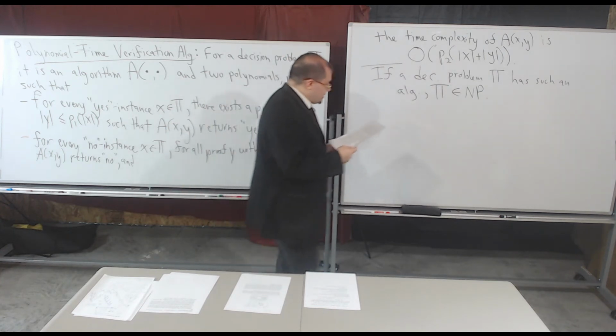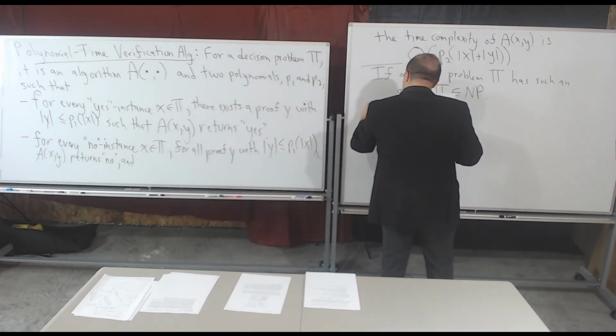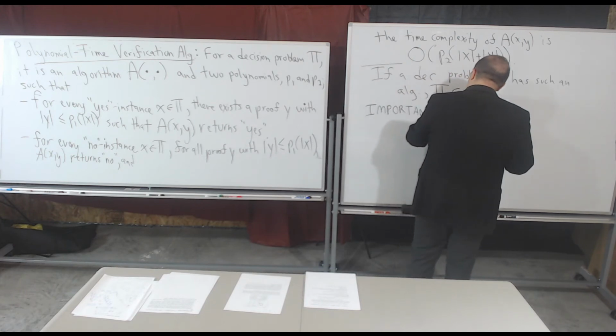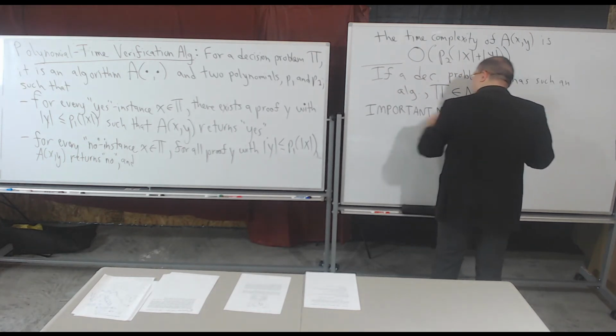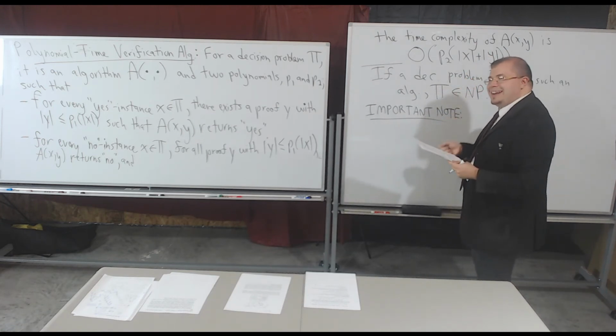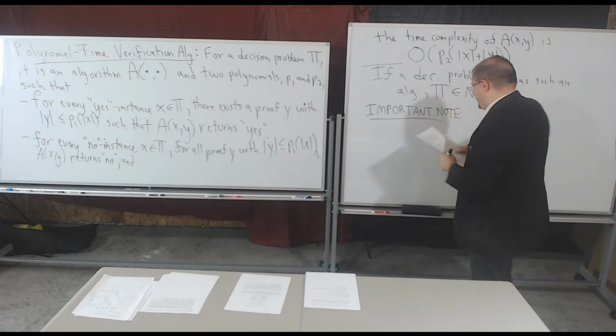Now, I must stress a common mistake that students tend to make involving NP and this verification process. This is just an important note, so I'm going to go a little bit longer. I apologize for that, but I really want to make sure I cover this one proof so that we can start getting into new material next lecture.